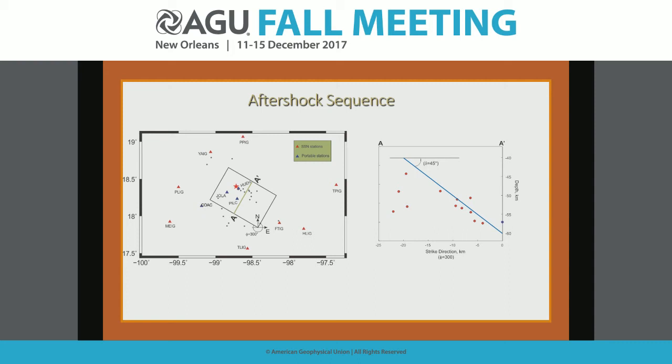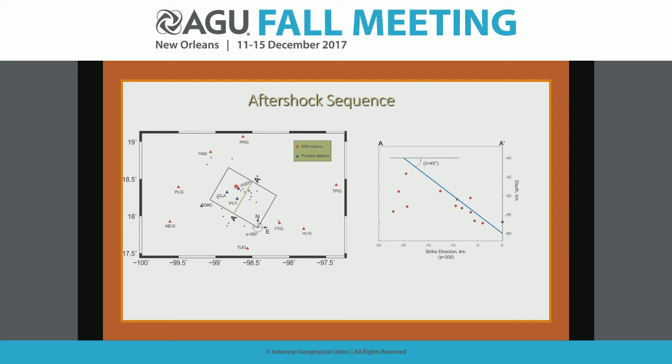This earthquake provoked just a very short sequence of aftershocks, but we could catch some of them inside this box, and if we plot the section A-A prime, we obtain a section like this. This is the 45 degrees from the moment tensor solution, and now we think that the fault plane is the one which dips toward the northeast.